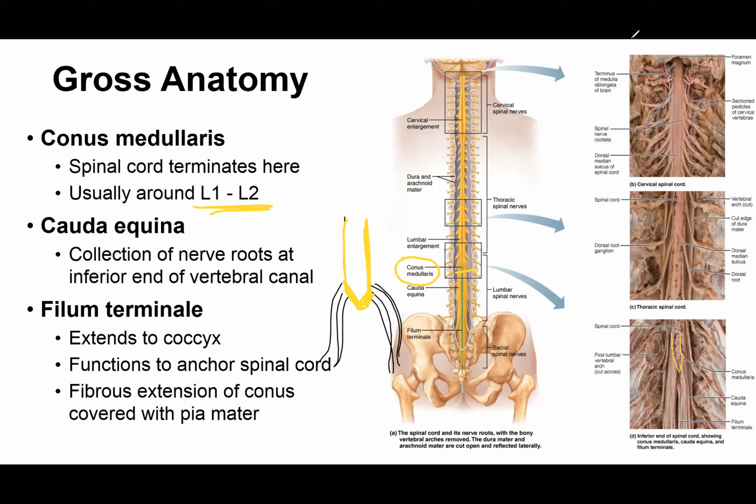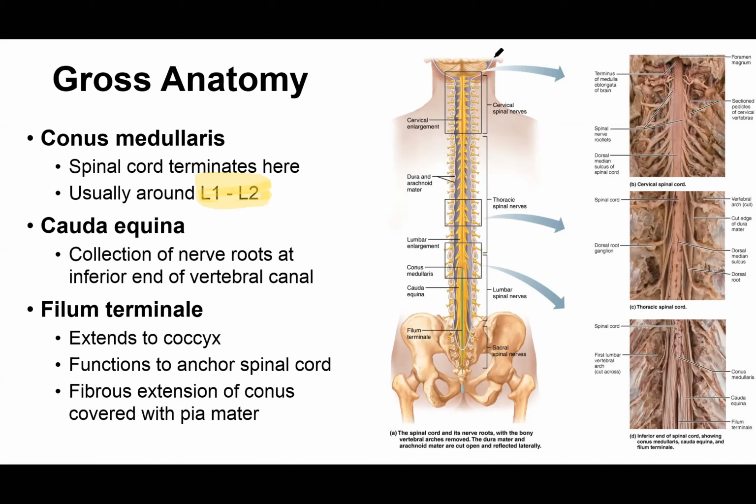So again, conus medullaris is the point where the spinal cord is ending, which is usually around L1 or L2. Knowing that is important and will be important throughout the lecture.